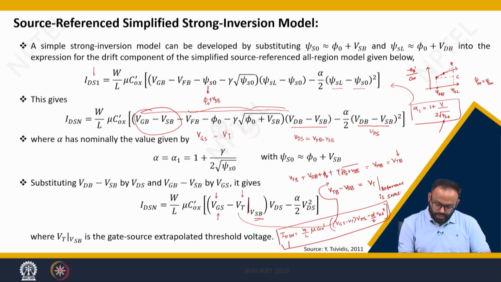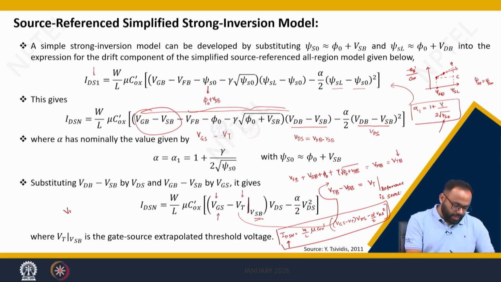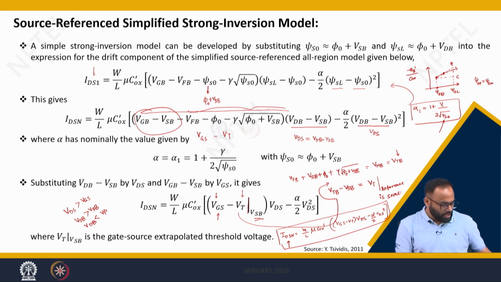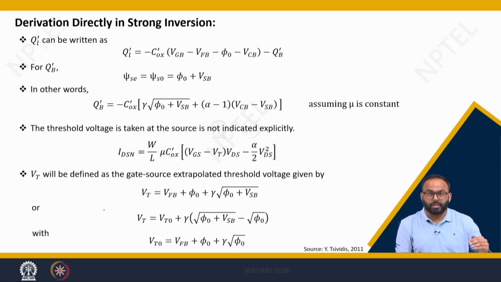This equation is valid for the non-saturation region where VDS is greater than zero but with some small value. What is that value? We define in terms of VDB, that VDB is greater than VSB but VDB is less than the pinch off voltage.